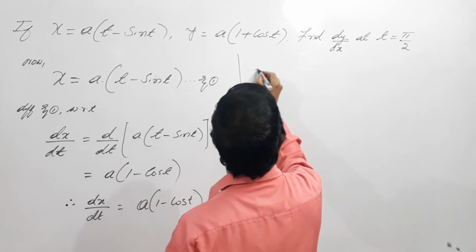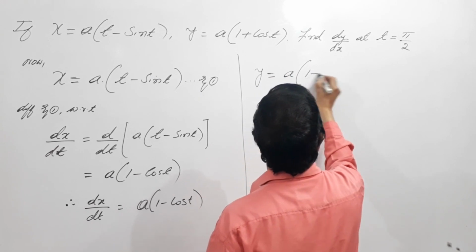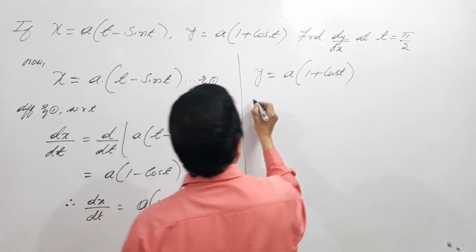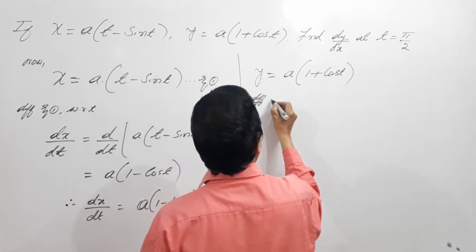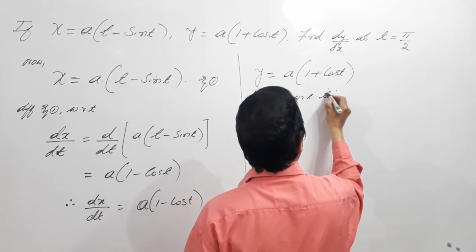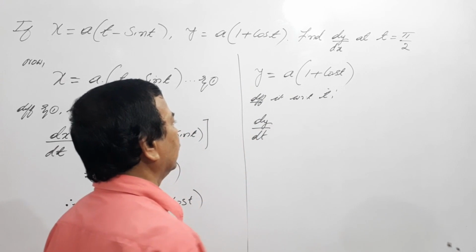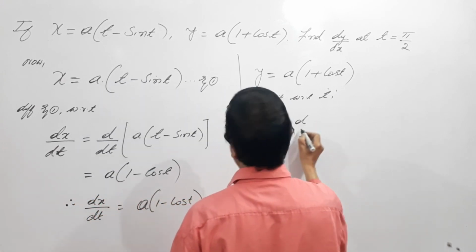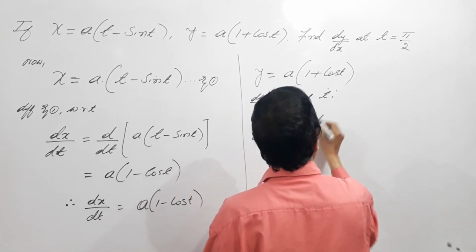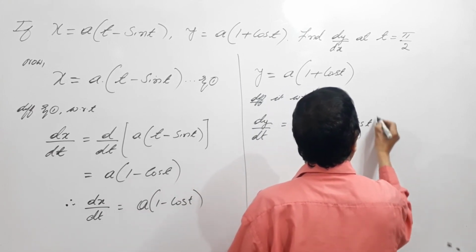Now we will go for the second thing. We have given y equals a into 1 plus cos t. So differentiating it with respect to t, dy by dt equals a into d by dt of 1 plus cos t.